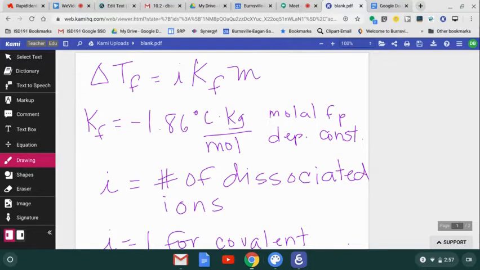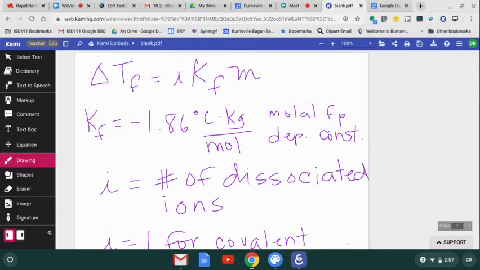i is called the van't Hoff factor, and we know that the colligative properties are dependent on the number of particles that are dissolved in the solvent. The more particles that are dissolved, the more they can interfere with the freezing or boiling process. And so i stands for the number of dissociated ions or particles.